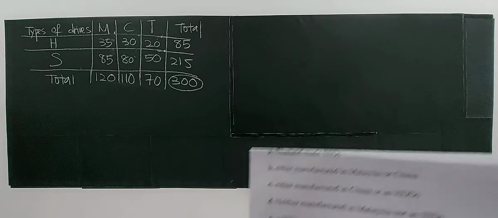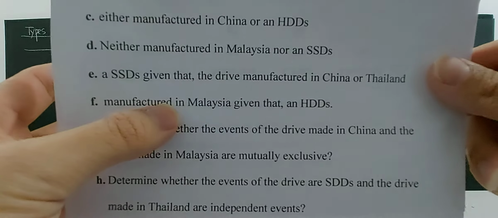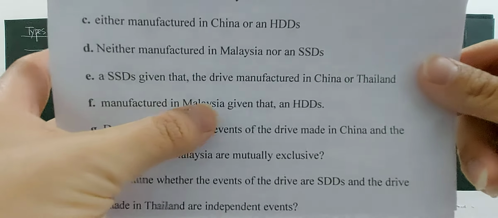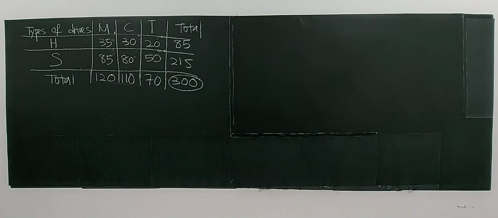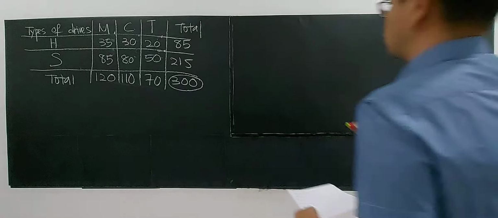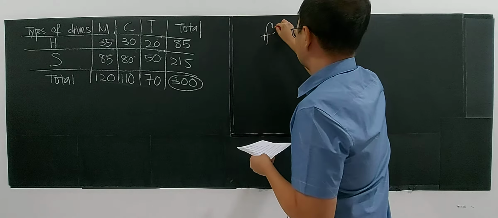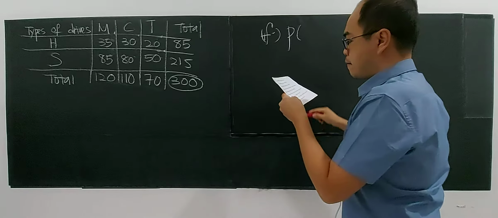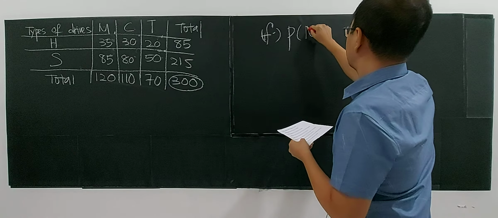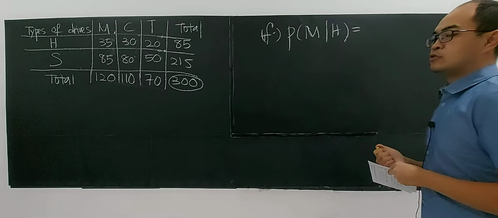So again you read: the probability of manufactured in Malaysia given that it is a hard disk drive. So for F you should know the meaning here. Very easy.